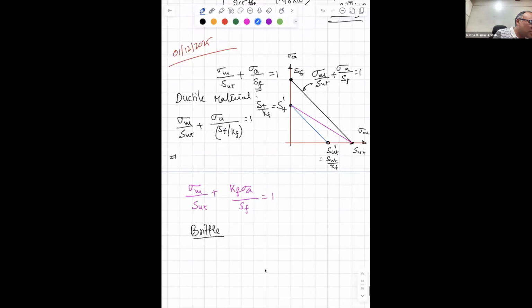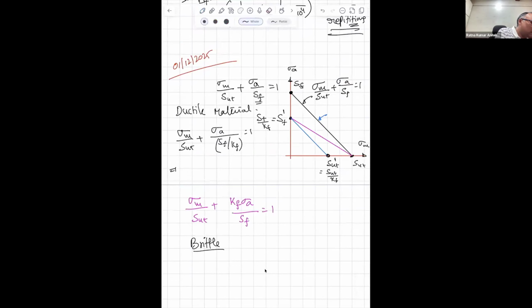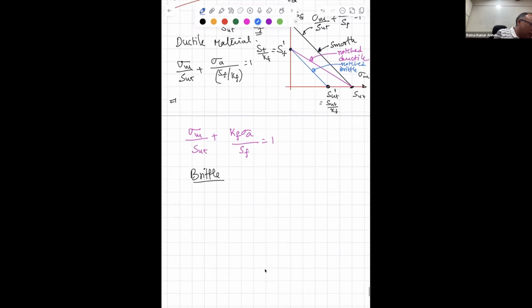So this is smooth, this is notched ductile, and that is notched brittle. So for notched brittle, it will be sigma M by SUT by KF, plus sigma A by SF by KF equal to 1.